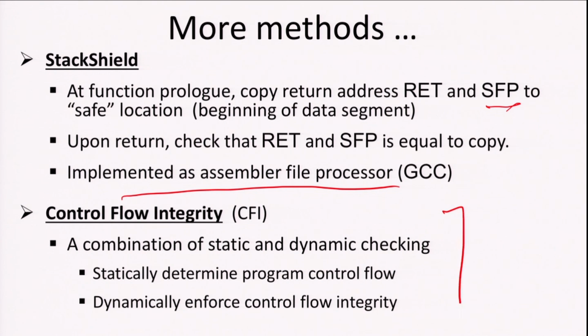Now there is another very interesting and ongoing research area, which is control flow integrity checking. The idea is that in the beginning you do formal analysis of your program to somehow capture the control flow of your program, and then dynamically check whether at any point during execution you are going to violate the control flow that you have already discovered.